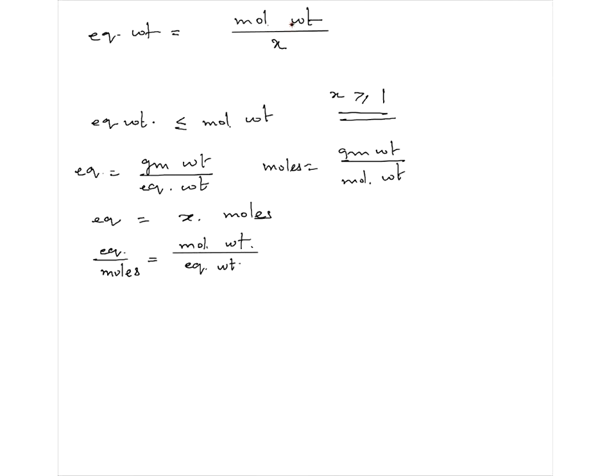But molecular weight upon equivalent weight is X. That means equivalents is X times moles. Always remember this. Equivalents is X times moles, where what is X? X could be the charge on the cation.